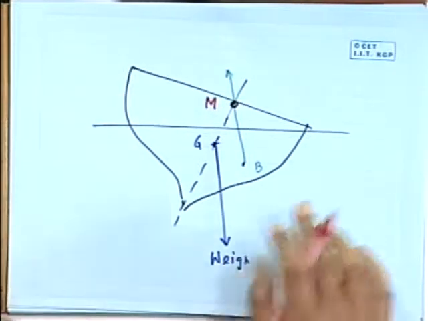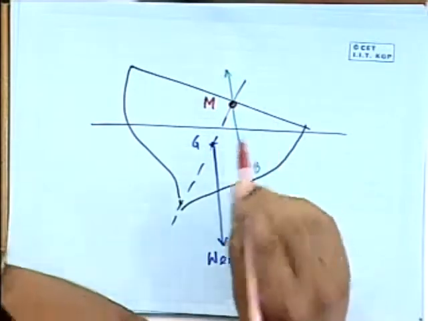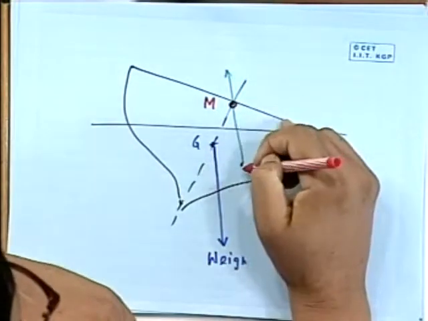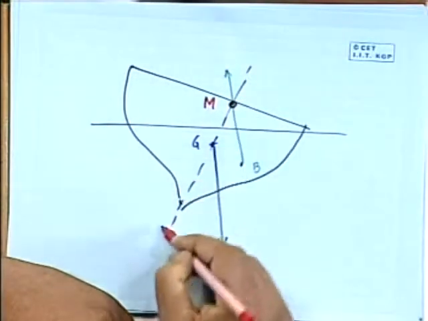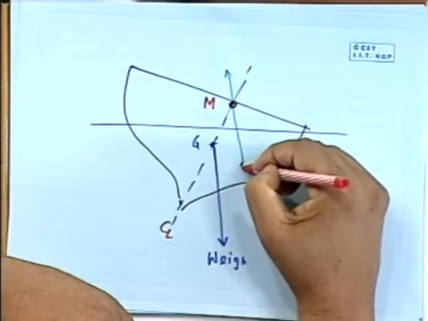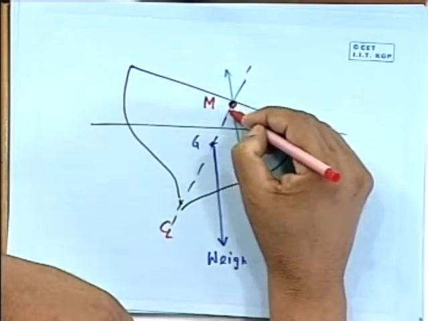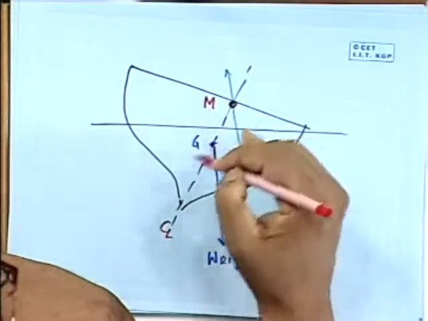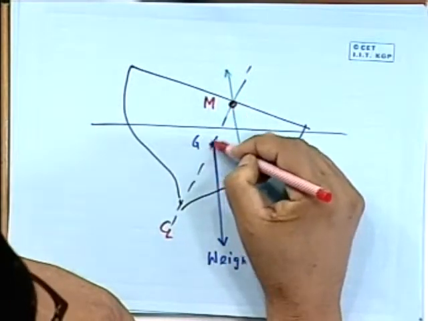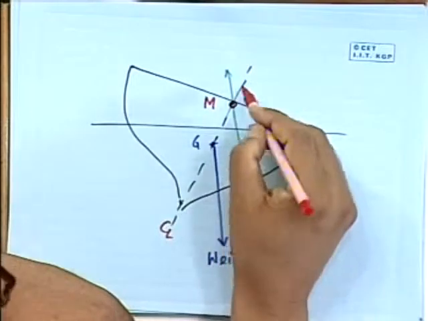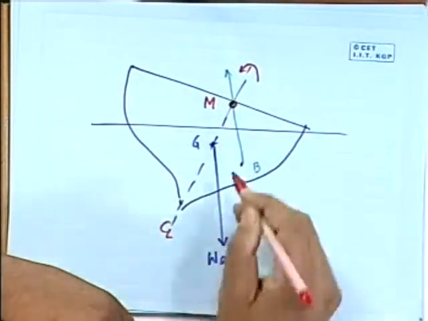Now we will go carefully, because all of us know that the buoyancy force intersects the center line, this is the center line of the ship, at a point we are calling M. And we immediately say that if this intersection point stays above G, then we end up getting a restoring moment.